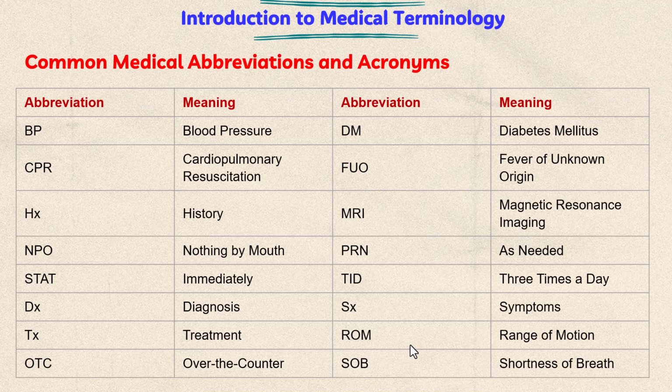So let's see some common medical abbreviations and acronyms. BP is blood pressure, CPR is cardiopulmonary resuscitation, H and P means history and physical, NPO means nothing by mouth, that means nil per os, STAT means immediately, DX means diagnosis, TX means treatment, OTC means over the counter, DM means diabetes mellitus, FUO means fever of unknown origin, MRI is magnetic resonance imaging, PRN is as needed, TID is three times a day, SX means symptoms, ROM means range of motion, SOB means shortness of breath.